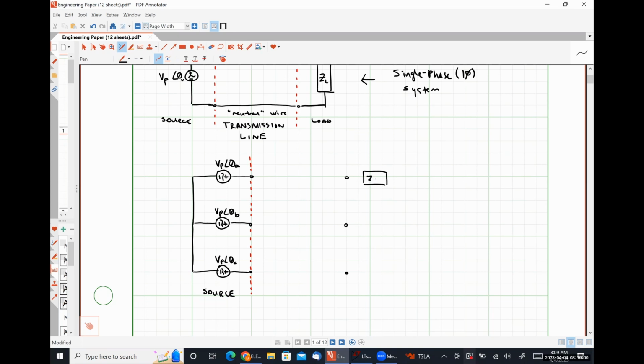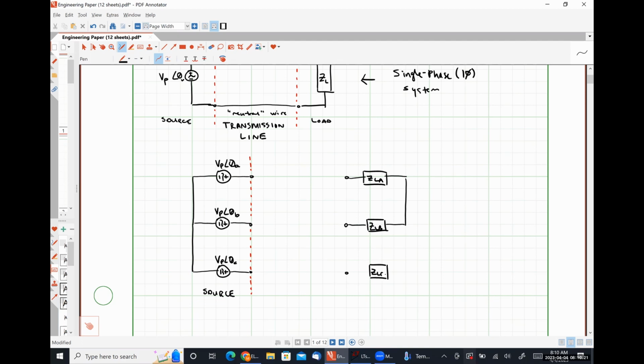So I'm going to call this ZLA. So the load impedance on the A phase. ZLB for our load impedance on the B phase.